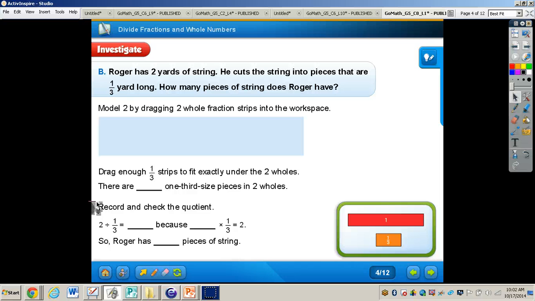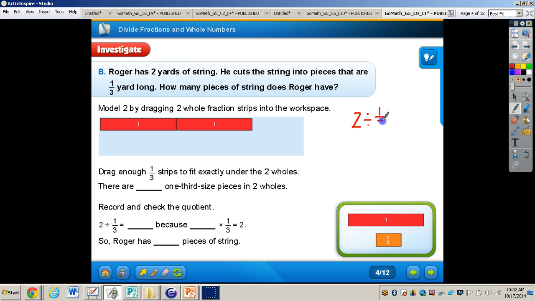Okay, now what we will do, first of all, I want you to take out 2 whole fraction strips, place them side by side. Okay, because the problem that we are looking at here is 2 wholes divided by 1/3.